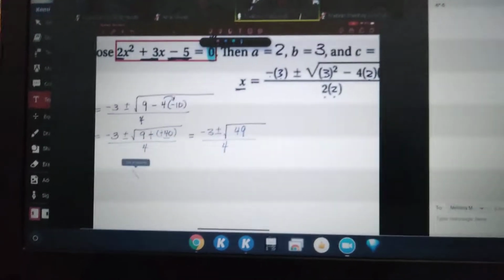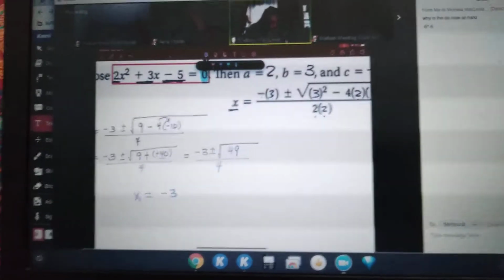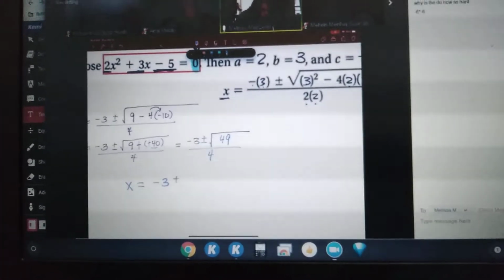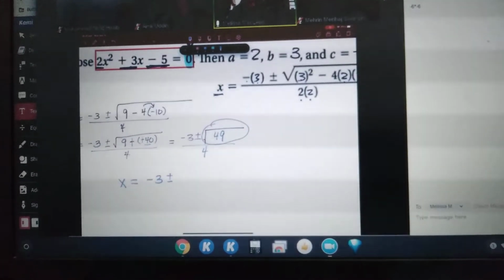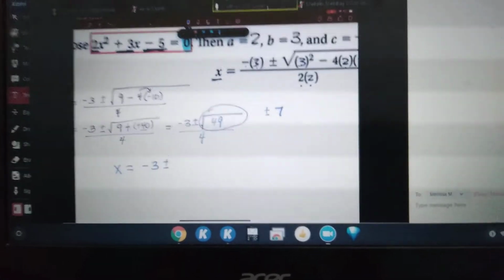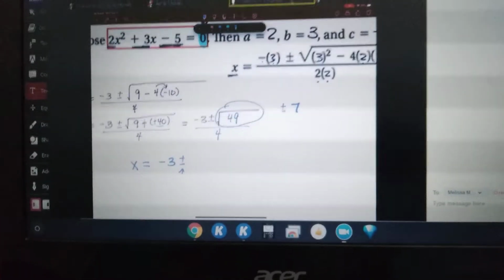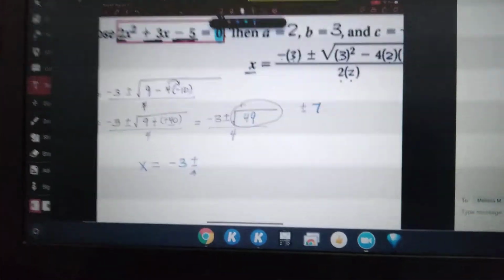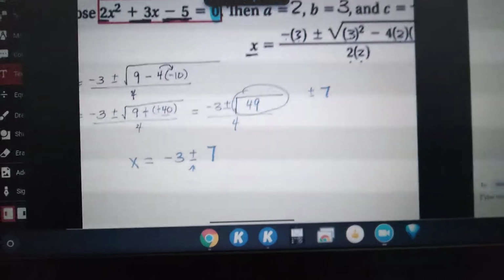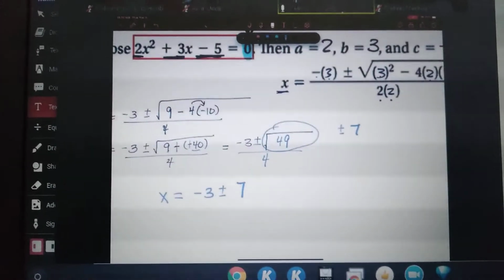Okay, so x equals negative 3, plus or minus. I know what the square root of 49 is. It's plus or minus 7. That's why we have this plus or minus here. Everyone understand? Good. So this becomes plus or minus 7. Let me erase this arrow.